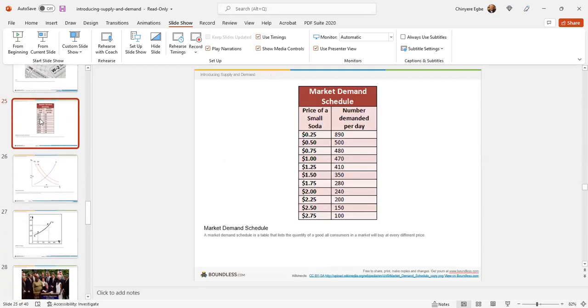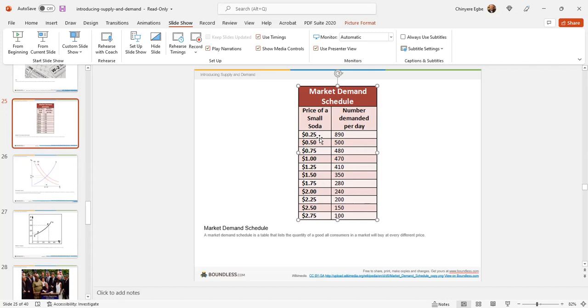All right. So we have what we call a demand schedule. And as I said, demand is the quantity of a good that buyers are willing to buy at a given price. So for each different price, there's a certain quantity that buyers are willing to buy. And when we put together the combination of prices and quantity that buyers are willing to buy, then we have a demand schedule.